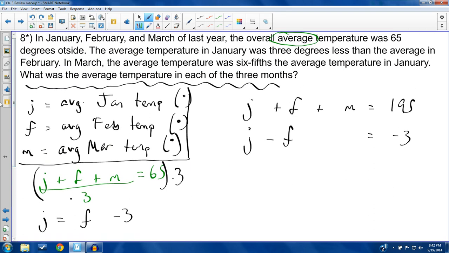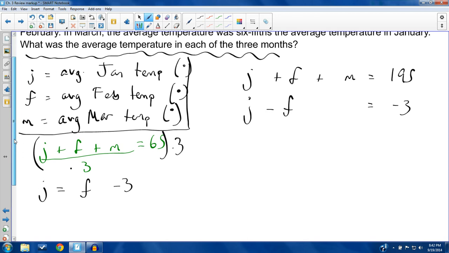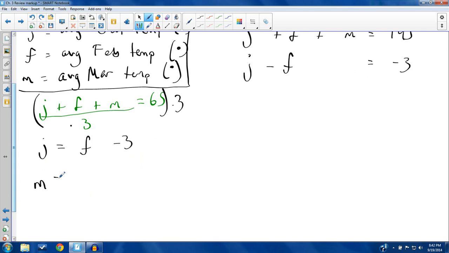In March, the average temperature was 6/5 the average temperature in January. So if I take the average temperature in January and multiply that by 6 over 5, take 6/5 of it, I will get the average temperature in March. Okay. Now, as you know, I don't like fractions. I'm going to multiply both sides by 5 here, and I'll get 5m equals 6j.